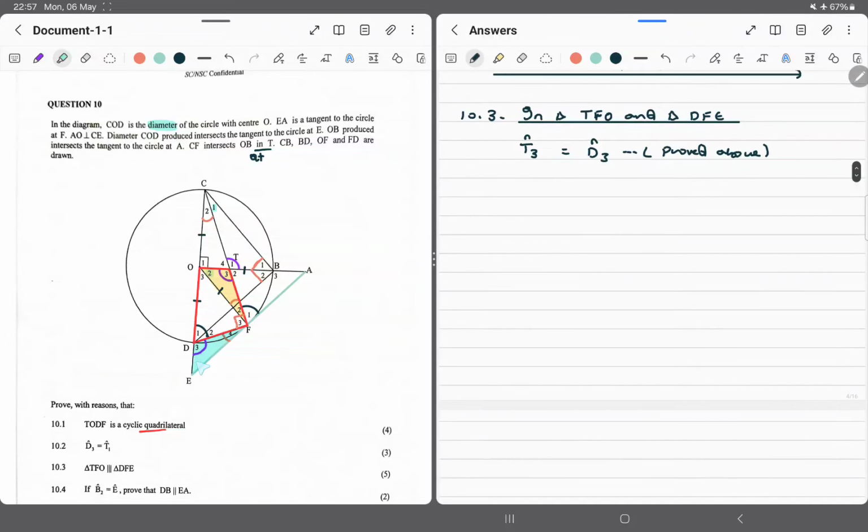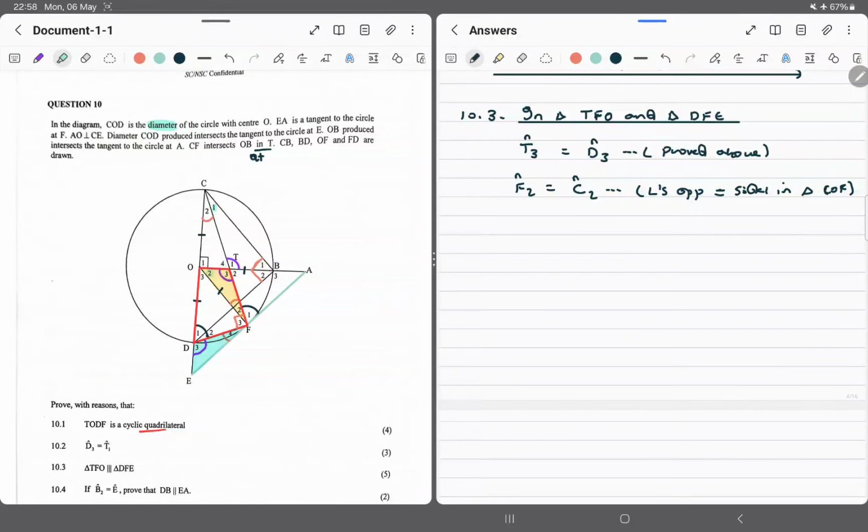Okay, so for this we can use F4, but now we will start from C2, right? Because C2 is the link between these two triangles. Maybe let's start with F2. We can say F2 is equal to angle C2. Why is that? These are angles opposite equal sides in triangle COF.